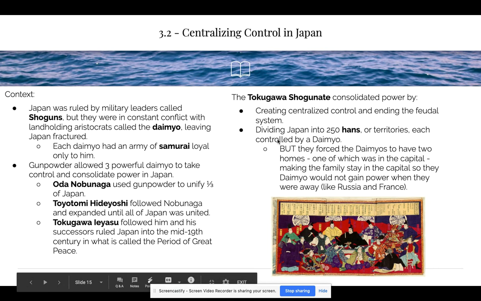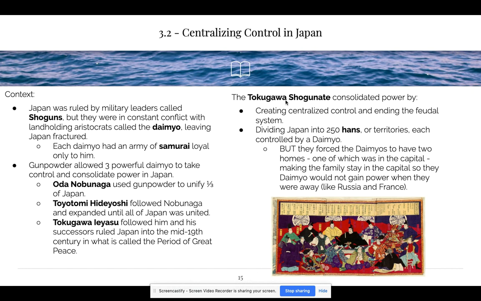The Tokugawa shogunate, which is just the name, it's like a dynasty name, they created centralized control. They ended the feudal system in Japan. It had already ended in Europe. And they ruled in a way that is very similar to what we see happen in Moscow and in France. They gave the daimyo some power. They're like the nobility, but they forced them to have two residences.